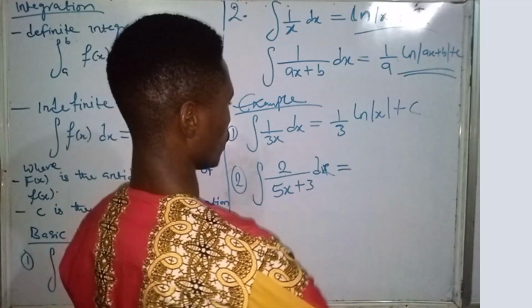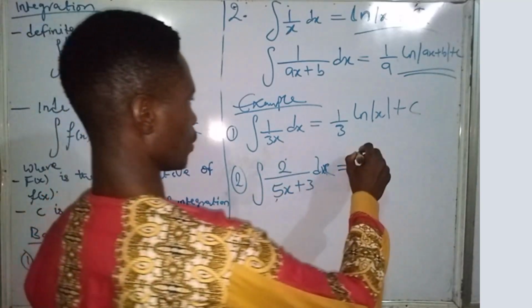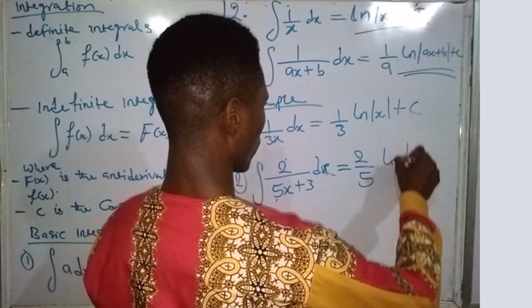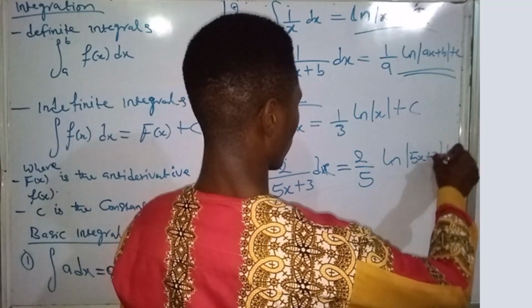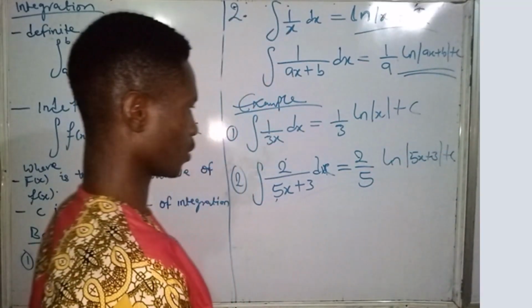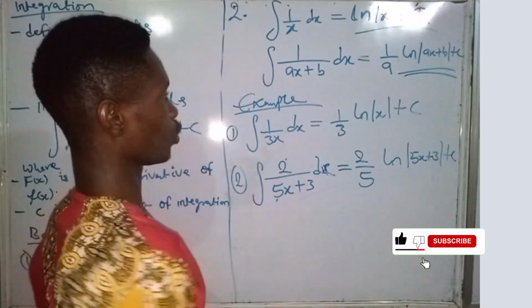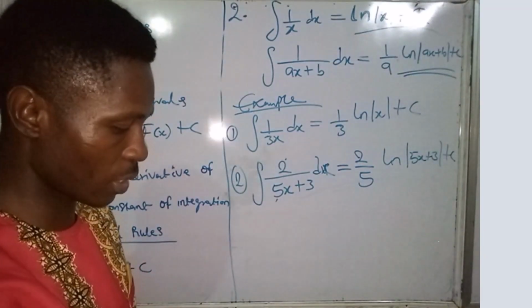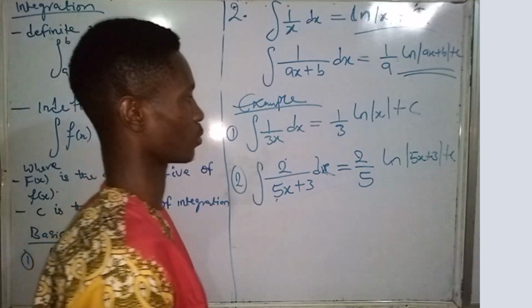Just say this is equal to, we bring out 2 and 5. So this is going to be 2 over 5 the natural log, absolute value of 5x plus 3 plus c. So for now, we are handling these 2 rules: the rule for the constant and the variable, and the rule for the reciprocal function.